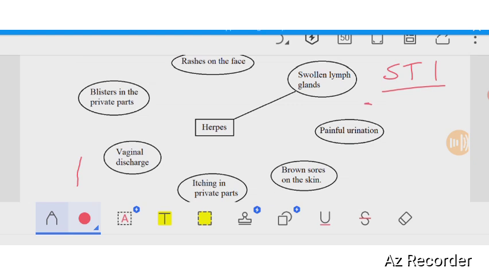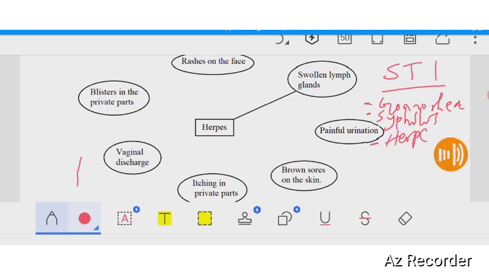The first one is gonorrhea. Another one is syphilis. Another one is herpes, which is in the question. And last but not least, we have what we call HIV.